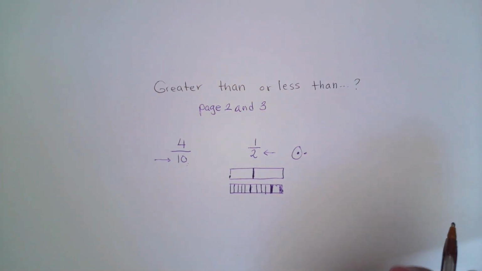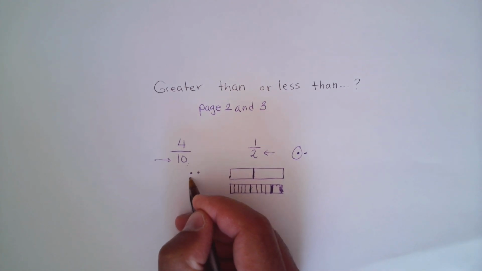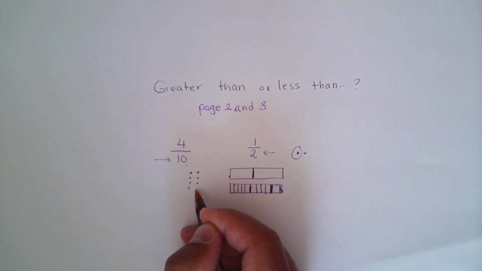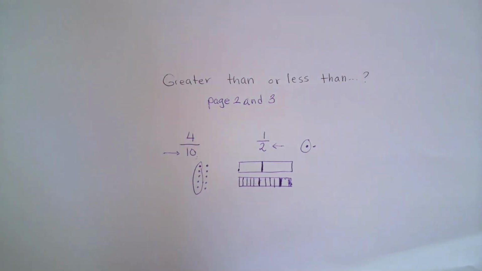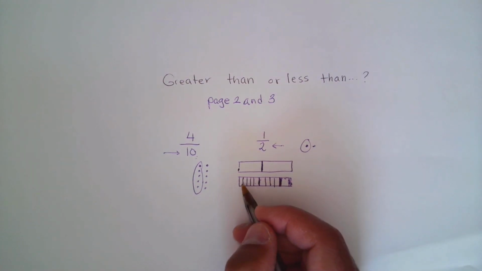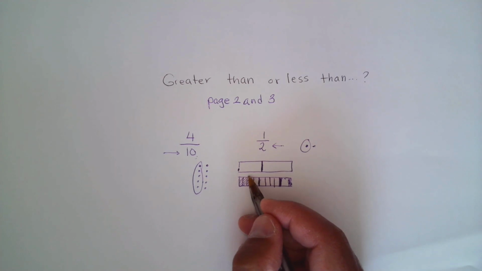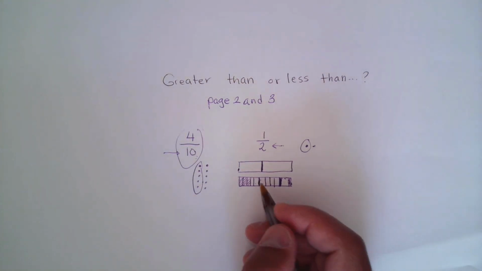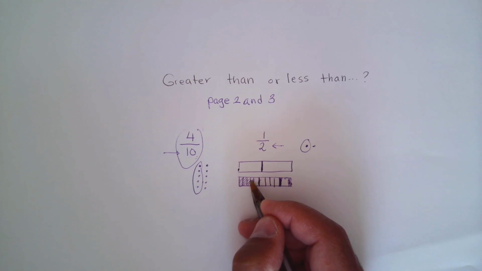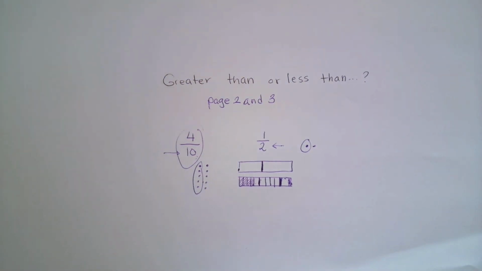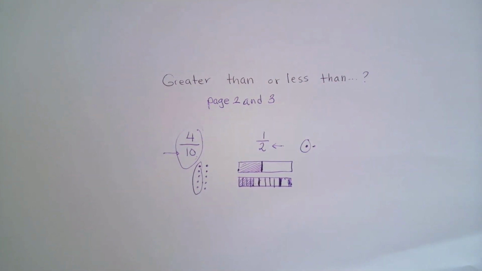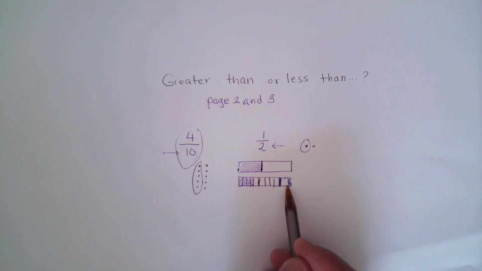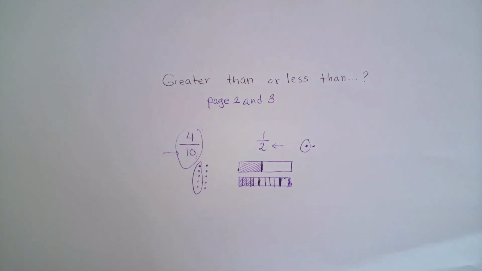What is half of 10? Half of 10 is 1, 2, 3, 4, 5, 6, 7, 8, 9, 10. Half of 10 is 5. So we have one fraction that has 4 parts of 10, and the other one has one part of 2.